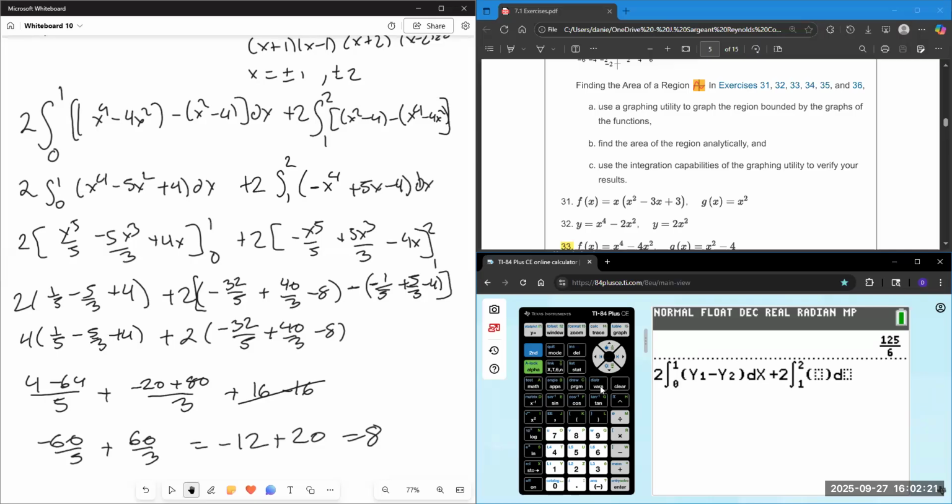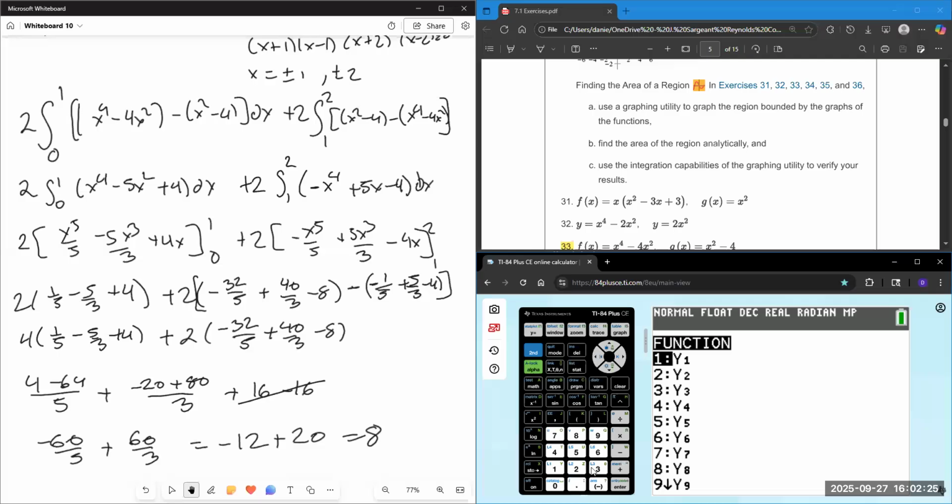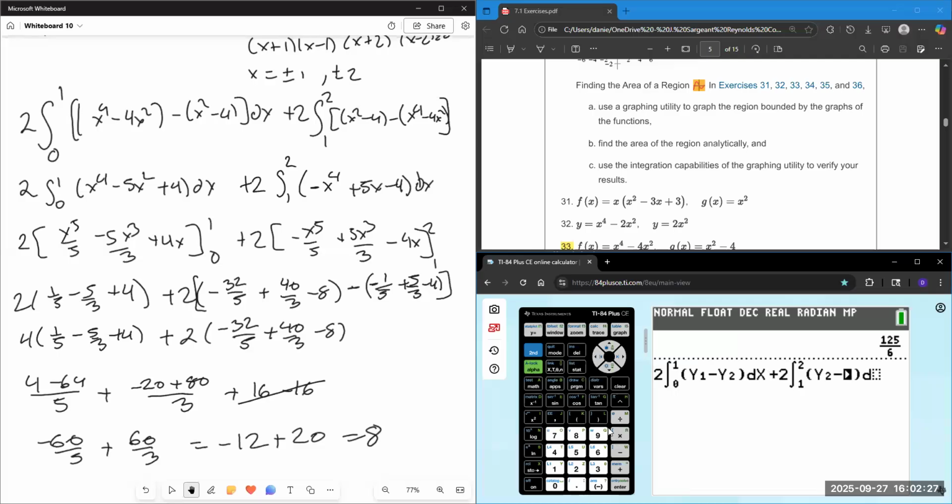So Y-VARS function y2 minus Y-VARS function y1 dx, and the answer comes out to be 8. So go with that one.